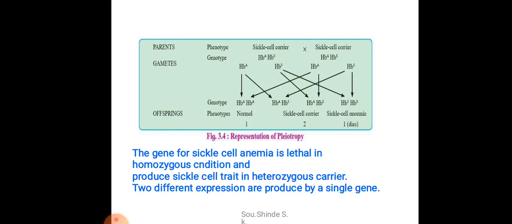Thus, the gene for sickle cell anemia is lethal in homozygous condition and produces the sickle cell trait in heterozygous carriers. These different expressions are produced by a single gene, this pleiotropic gene or this mechanism.